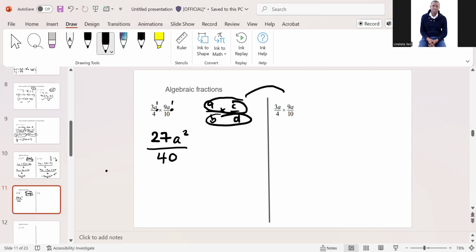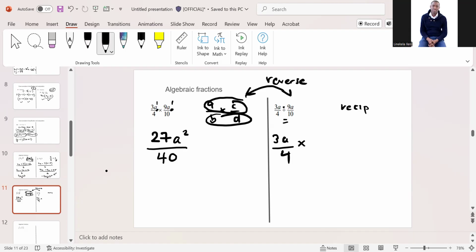Now, like we said before as well, this is joining and that's also joining. However, these two processes are a reverse process of each other. Before you solve anything division, you always need to reciprocate. So here, first thing I've got to do, if I have 3a over 4 divided by that, I need to get rid of the division sign. And to do that, I need to first reciprocate.